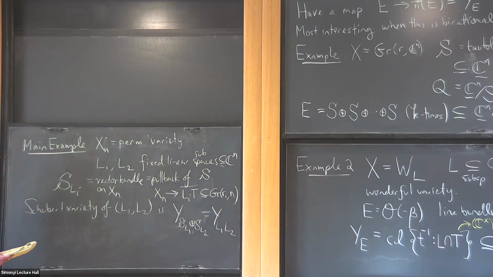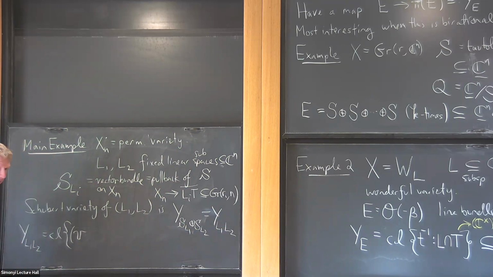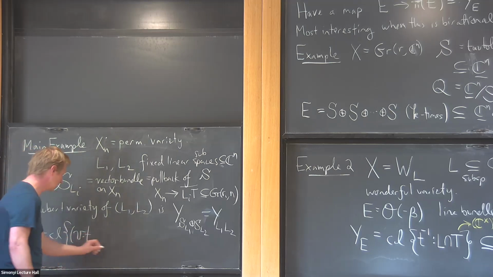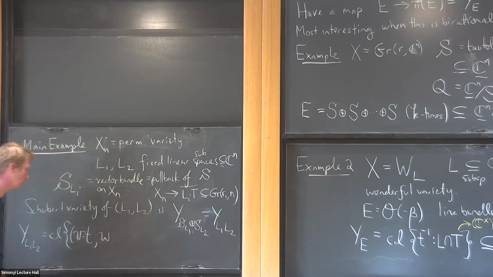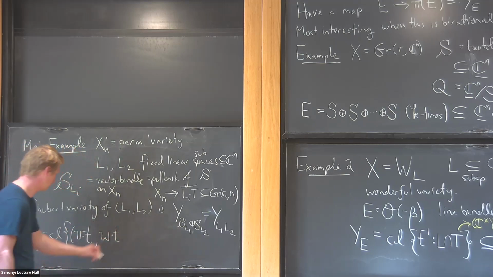Okay, so I can just say explicitly what this thing is. Y of L1, L2, I can describe as a closure of some relatively easy to understand set. So you're going to select an element from one of your subspaces, permute it by a torus element, select an element from the other subspace, and permute it by the same torus element.